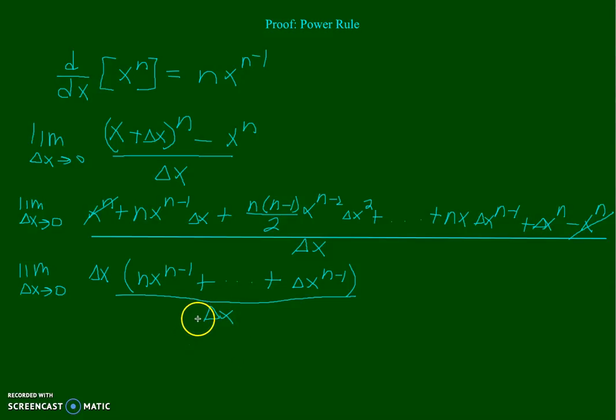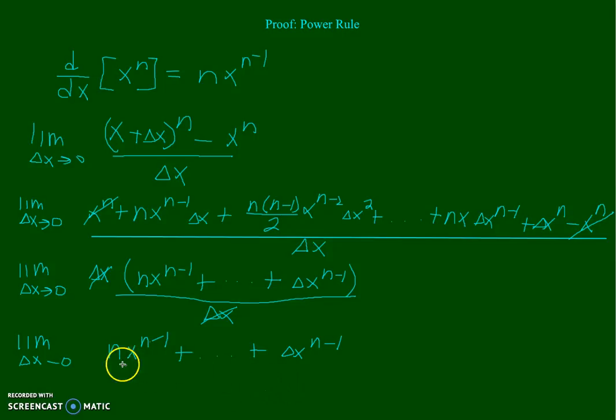And now we can get rid of these delta x's, and we have the limit as delta x approaches 0 of n x to the n minus 1 plus terms plus delta x to the n minus 1.